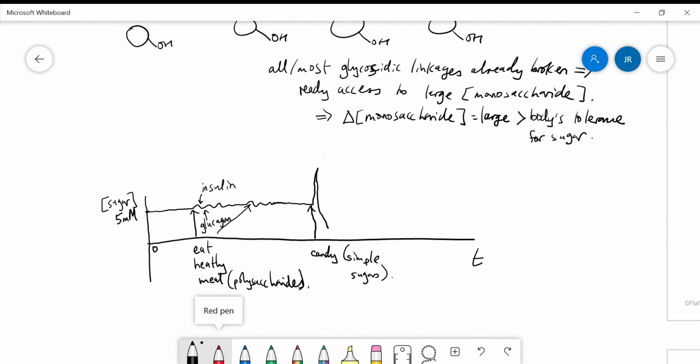But this would be a sugar rush. And your body immediately attacks the sugar with insulin because you're about to die. Your brain's about to jump out your skull.